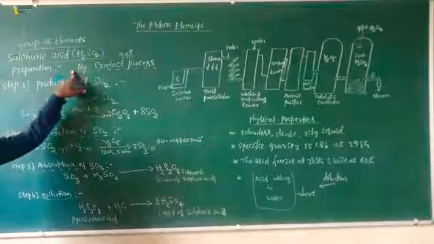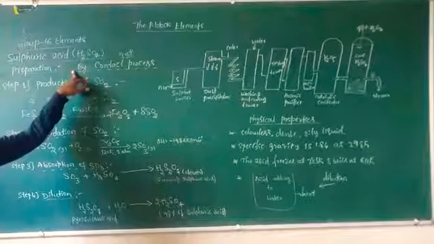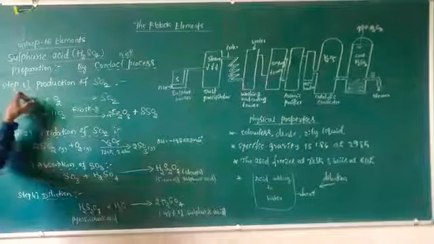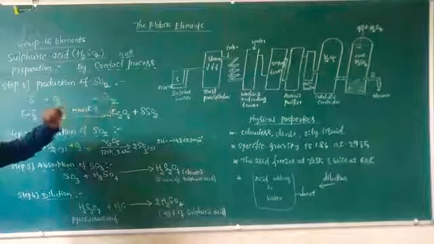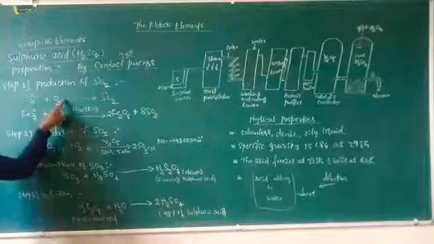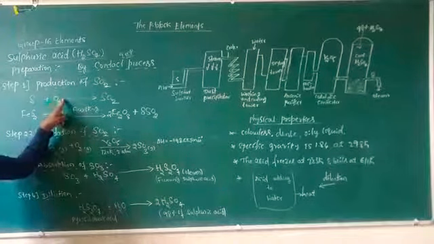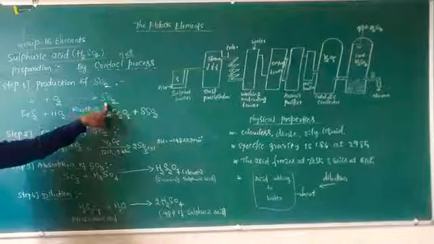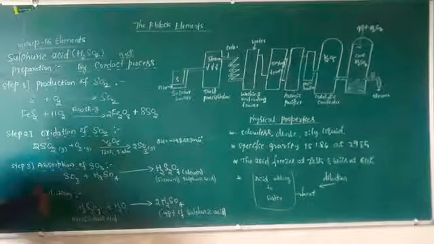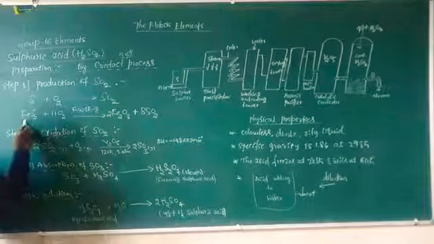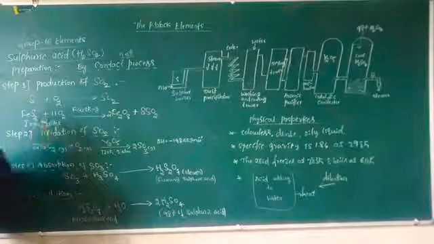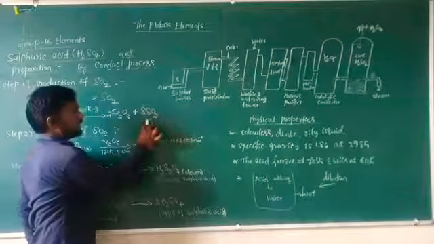Step 1 is the production of sulfur dioxide: heating sulfur in the presence of air to give sulfur dioxide, or roasting the ore, iron pyrites, in the presence of oxygen to form sulfur dioxide.